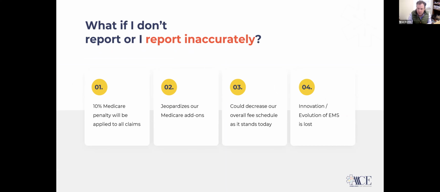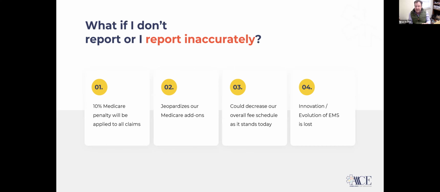What happens if we don't report accurately is another common question. Well, if you don't report, you will be subject to the 10% cut. If you don't report completely, you may also be subject to that 10% cut. If you don't report accurately, which means you did complete data for each of the requested fields, but frankly, it's not accurate, there's likely going to be no immediate consequences.